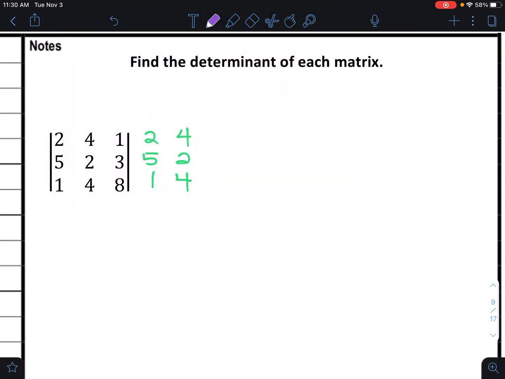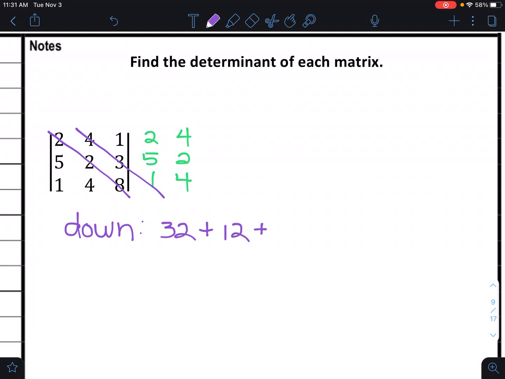I'm going to multiply these, and I'm actually going to write down. I'm going to go 2 times 2 times 8. So 2 times 2 is 4, times 8 is 32. Then we're going to add 4 times 3, which is 12, times 1 is 12.